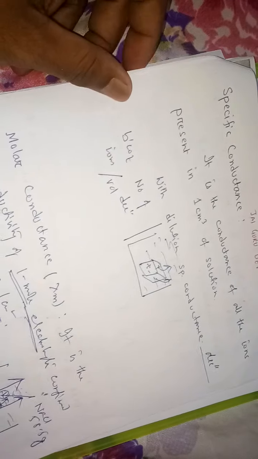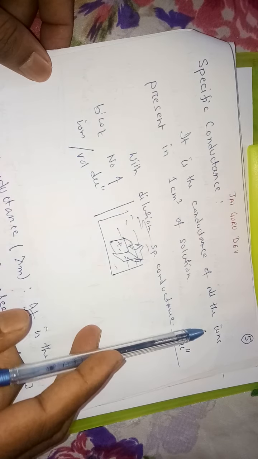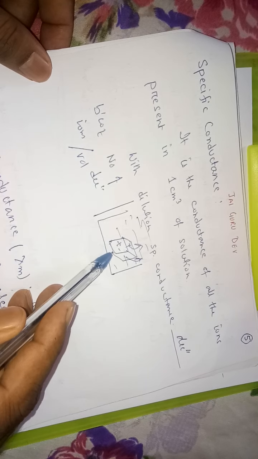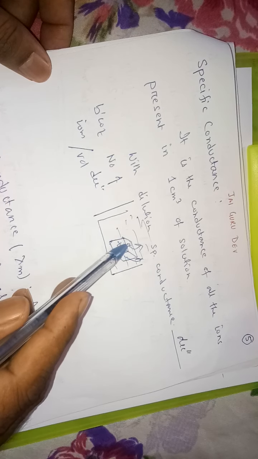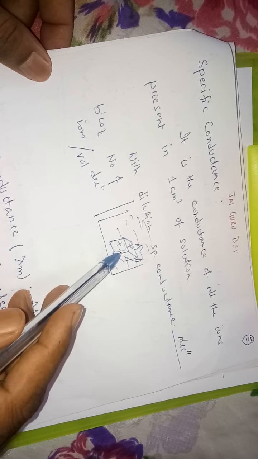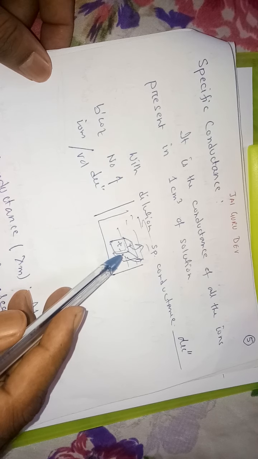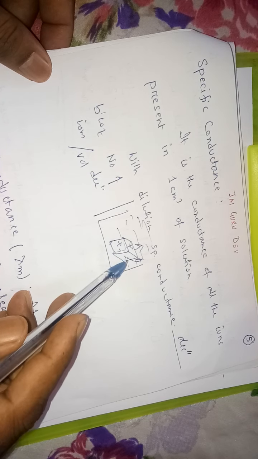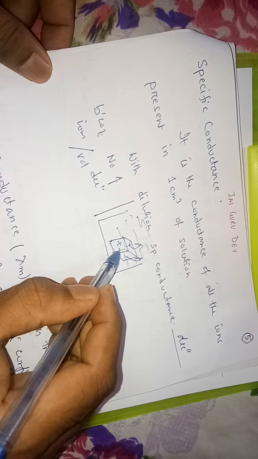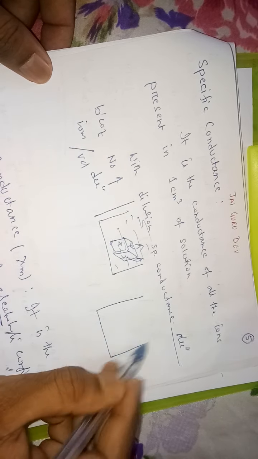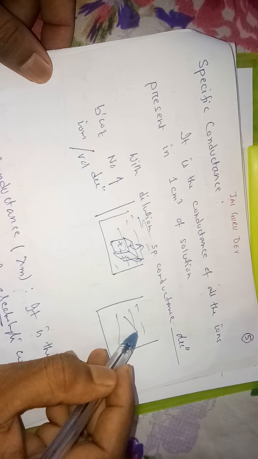Next one is your specific conductance. It is the conductivity of all the ions present in 1 centimeter cube of the solution. Now if the length is 1 centimeter, breadth is 1 centimeter, height is 1 centimeter, then in this 1 centimeter cube of solution, what is the conductivity of the ions? There are positive ions and negative ions in this volume.